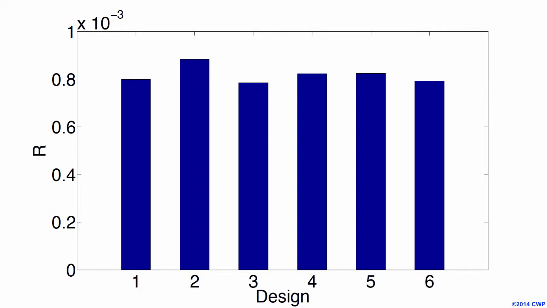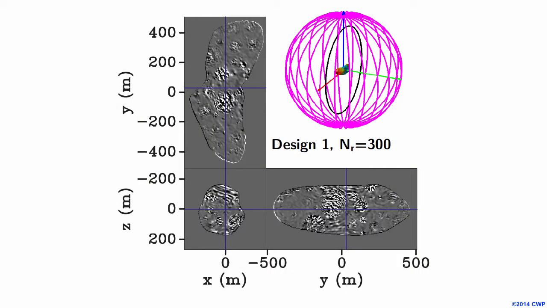However, all the designs have essentially the same minimization level. What we can pick from here is the lowest cost of acquisition, where we only shift our satellite in the longitudinal direction. This is the corresponding design 1 with the migrated image, which has very sparse receiver coverage.